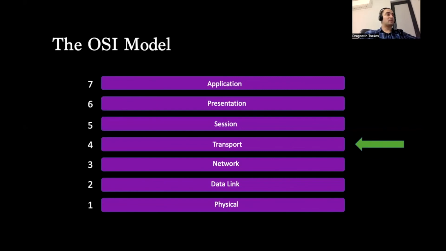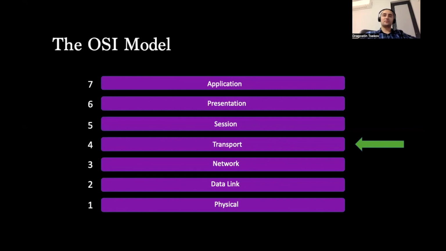Next, you have the transport layer, and with the transport layer, it's relatively easy to remember what's going on there, because there you have the TCP and UDP protocols, right? And you have the port numbers of the TCP and UDP protocols. Every protocol that you can think of has a port number that it works on.